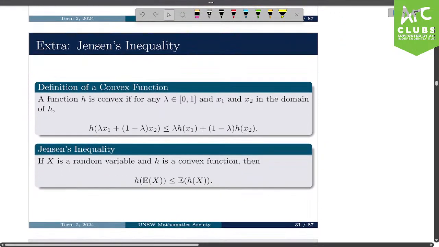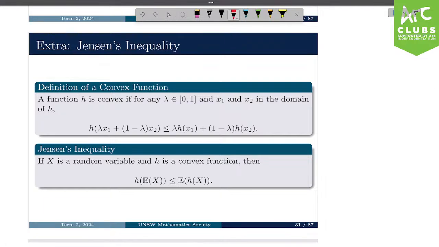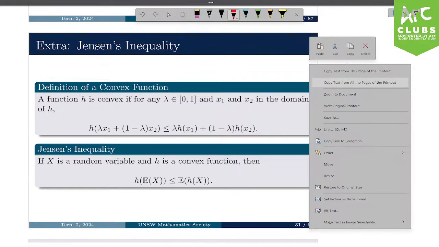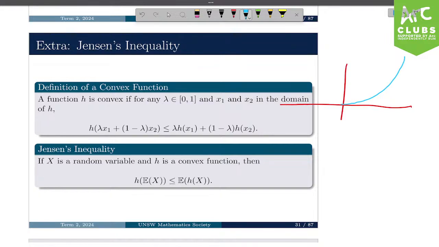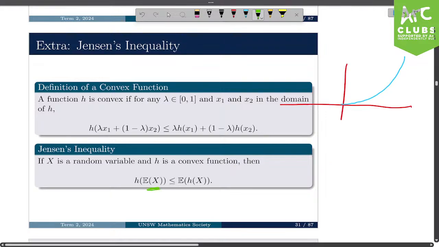Definition of a convex function and Jensen's inequality. So this is basically, again, just something you have to memorize, just another inequality that they can test you on. Basically, it says if we have a transformation which is a convex function, then the transformed expectation value is going to be less than or equal to the expectation value of the transformed function.